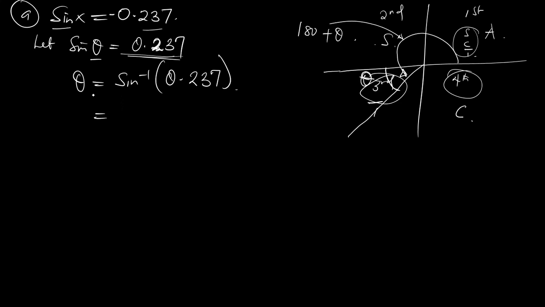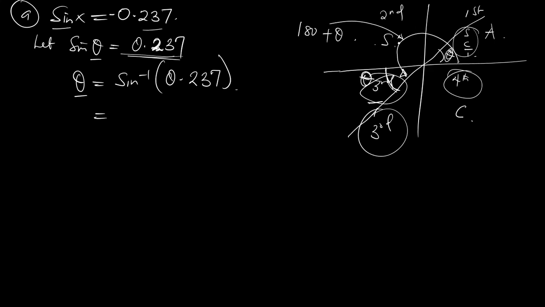When we get the theta, we can find the angle at the third quadrant. So the theta we are looking for is this theta on the first quadrant, and this theta is equal to this angle here.